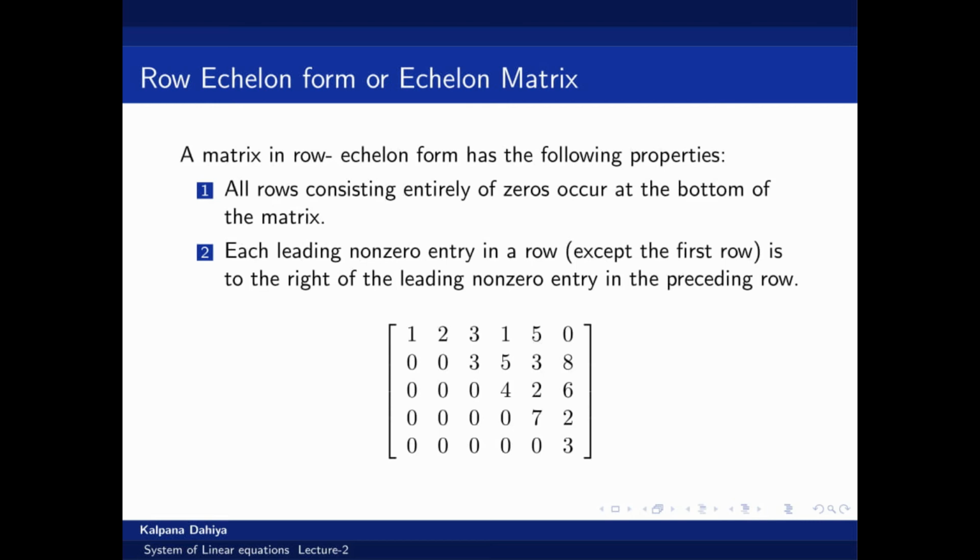And if you see, in the first column, the leading non-zero entry is 1, and all the entries below this are 0. Similarly for the second row, the leading element is 3, and all the entries below this are 0. For the third row, the leading non-zero element is 4, and all the entries below 4 are 0. For the fourth row, the leading non-zero entry is 7, and below this we have 0, and for the last one the leading non-zero entry is 3. So this is the main point for the echelon matrix.